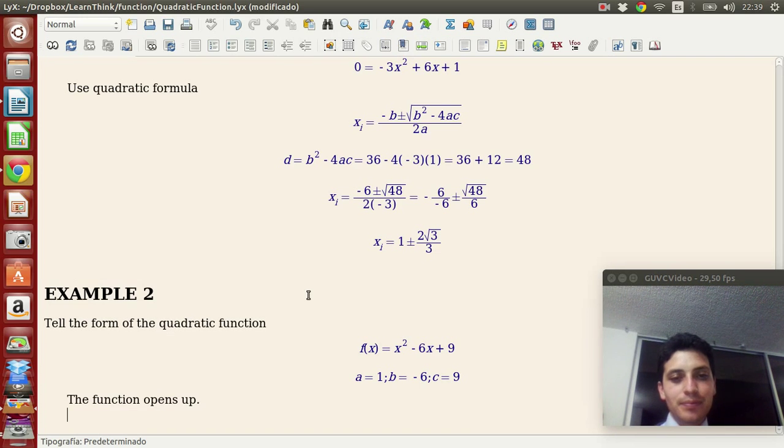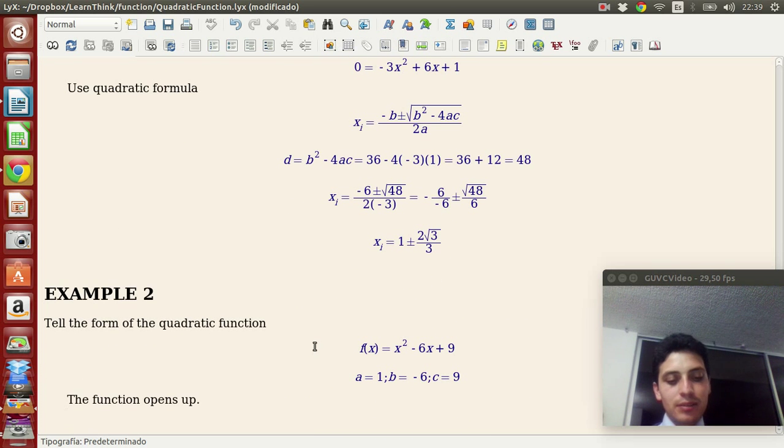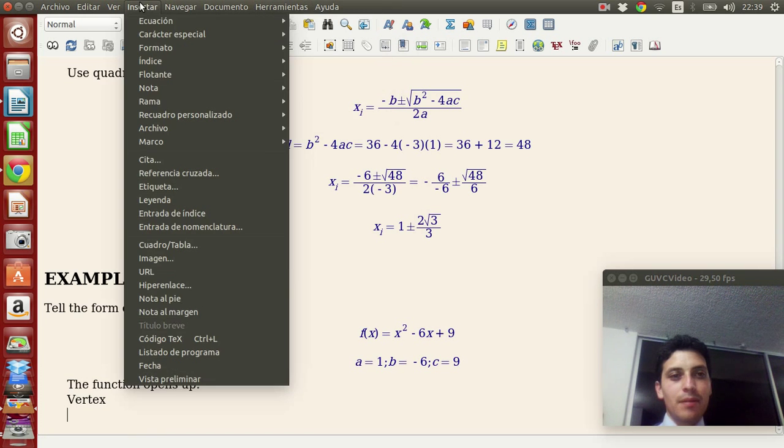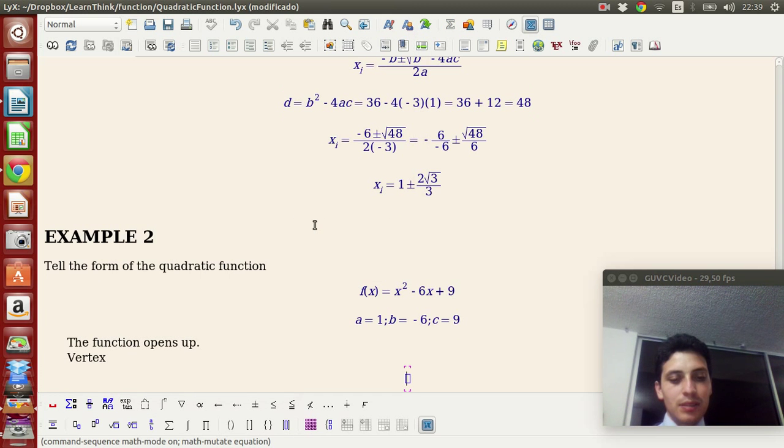Next, now calculate the vertex. So we said that the vertex is minus b divided by 2a.